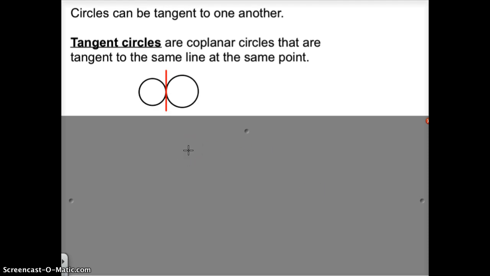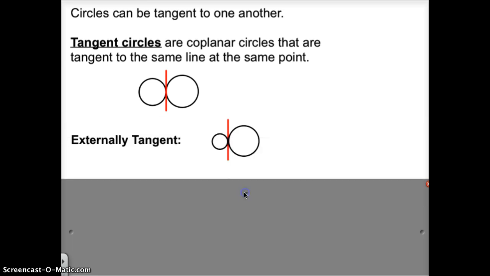Circles can also be tangent to one another. Tangent circles share the same point, share the same tangent at the point of tangency, and therefore we have circles that have the red line as the tangent, and the point of tangency is right in that area as well. If the two circles are on the outside of the tangent, they are externally tangent to each other.